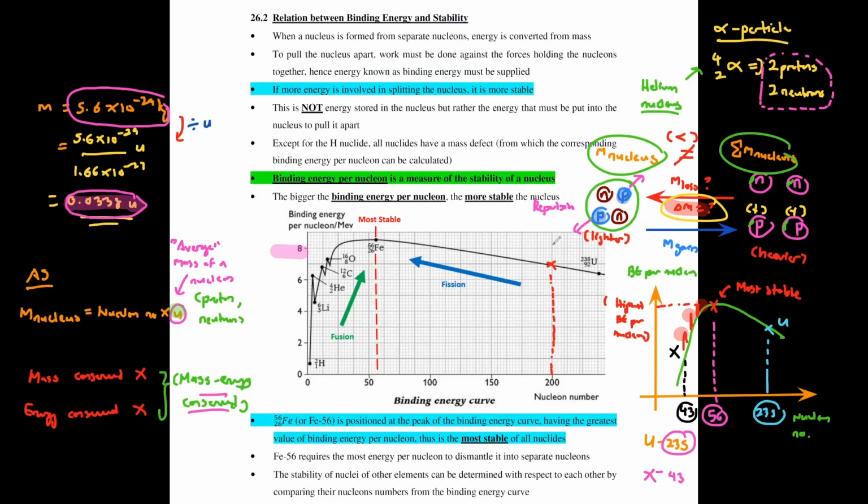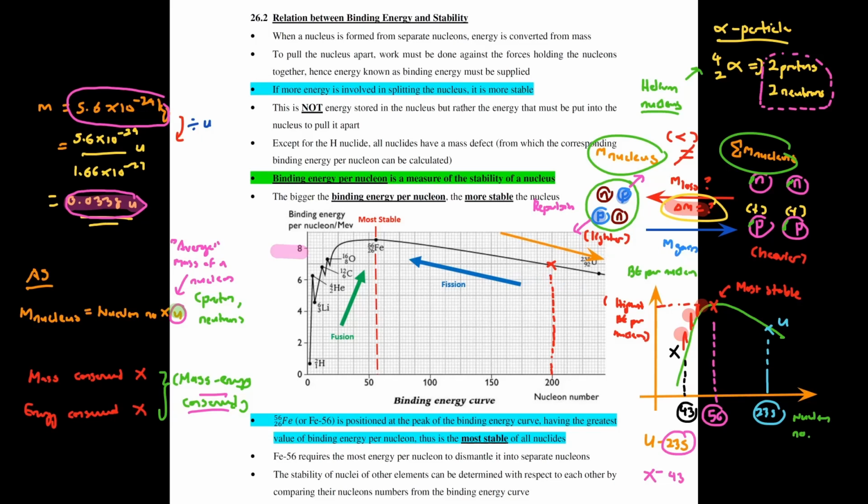If I want this nucleus to become more stable, there are two ways it can go about it. If my nucleus with nuclear number 200 wants to become more stable by undergoing a nuclear reaction, there are two directions you can consider, either going downwards or going upwards.